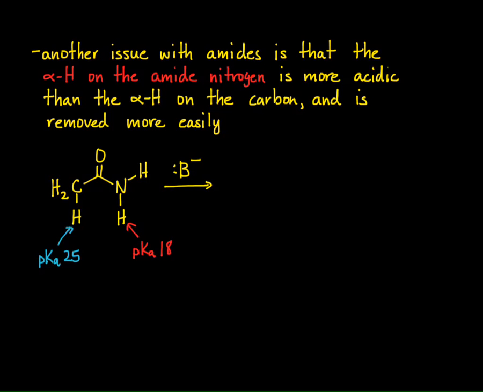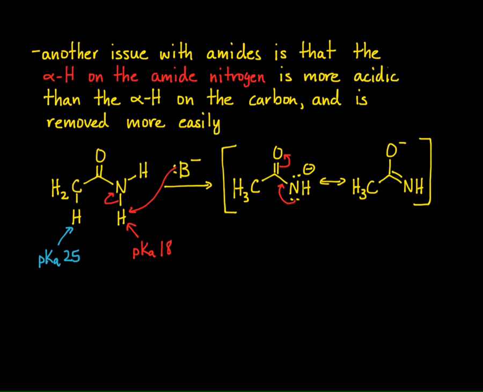Therefore, if we react this with a base, we simply remove that hydrogen and generate an anion on the nitrogen. Of course, we can draw a resonance structure to stabilize that anion, donating a pair of electrons to the carbonyl, and we form this species. Notice what we're doing: we're donating electron density to that carbonyl and placing a negative charge in its proximity. This decreases the acidity of that carbon even further.